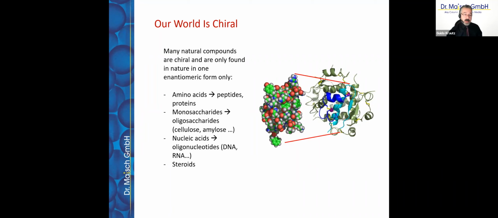So peptides and proteins are also chiral. Also, monosaccharides are chiral, and these are the building blocks for oligosaccharides or polysaccharides. Another example is nucleic acids, which are building blocks for oligonucleotides such as DNA and RNA, and also steroids. So there would be many more examples of chiral molecules in nature.